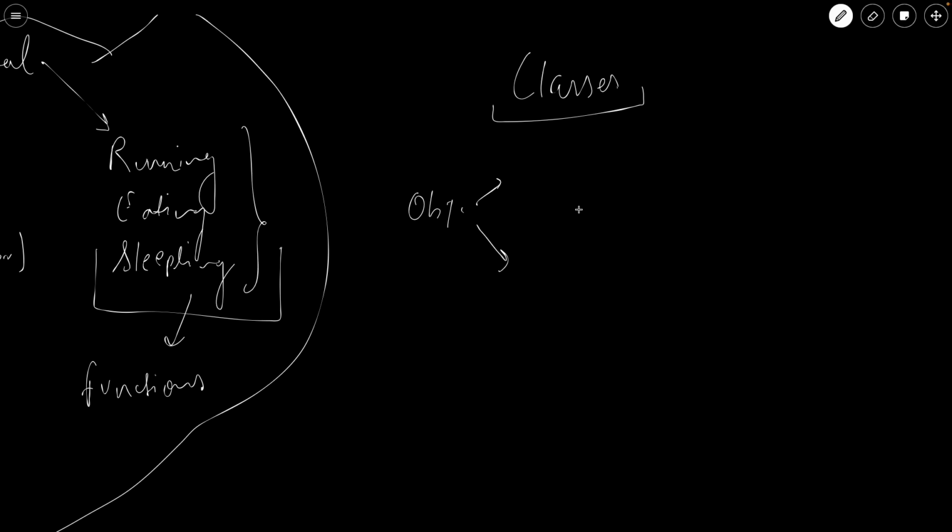So again, a class is a blueprint for an object, and multiple objects can be created using that blueprint. So this is the theory part. Now let's go to the IDE and see everything in action, and then it will make much more sense.